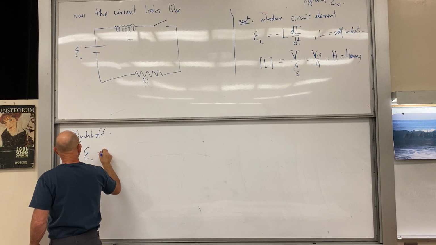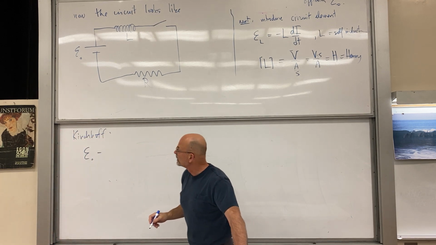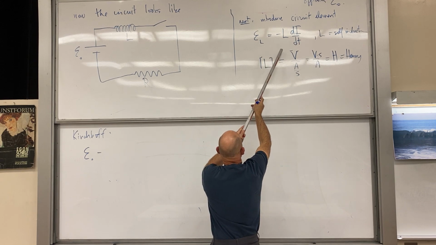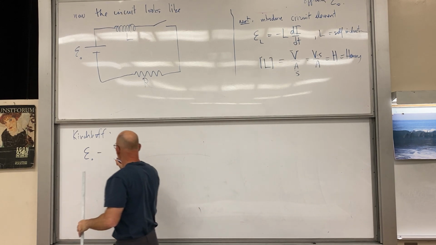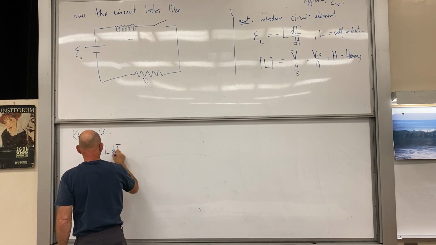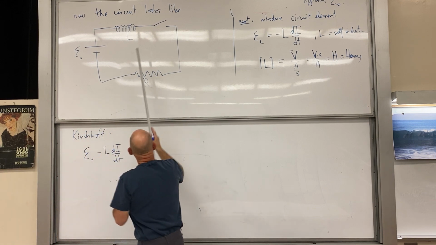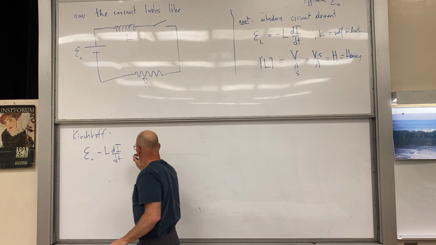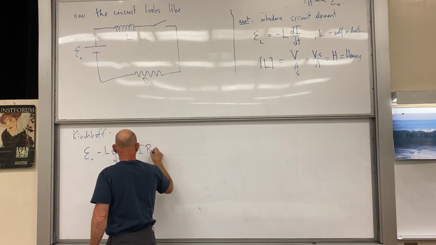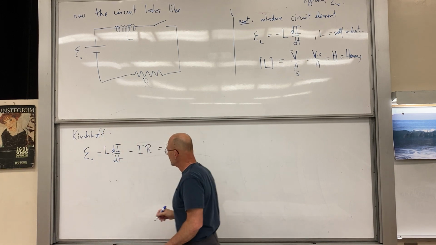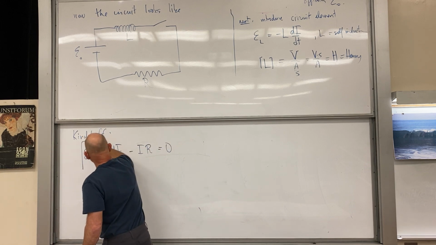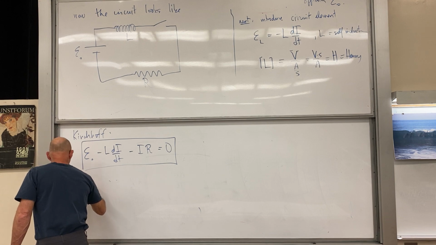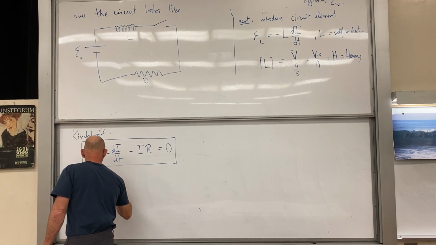We close the switch, and we would have E0 minus, now the voltage drop across here is just going to be given by L di/dt, and then minus IR is going to be equal to 0. So this we want to solve, find I of t.